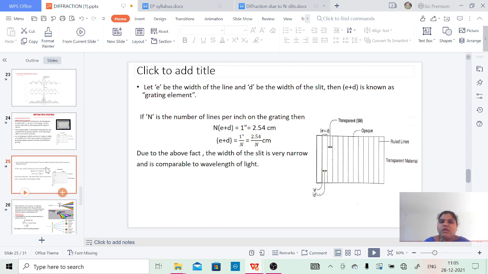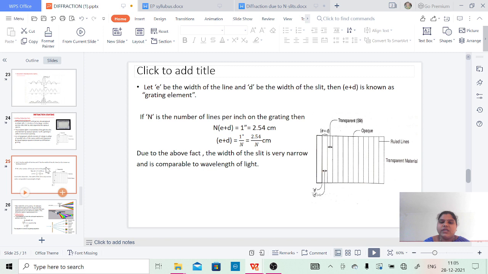So n into (e plus d), n lines times the grating element, equals 1 inch, that is 2.54 centimeters. Now e plus d equals 1 inch by n, that is 2.54 by n. How many slits are we using? Here we are using 15,000 slits, so whatever number of slits we use, we put in that n.